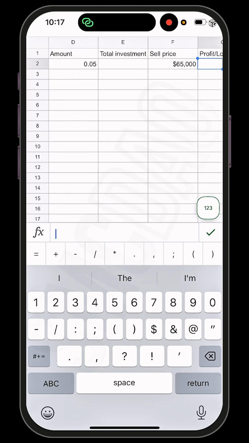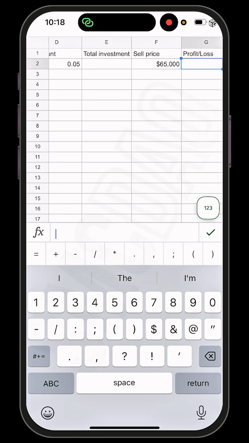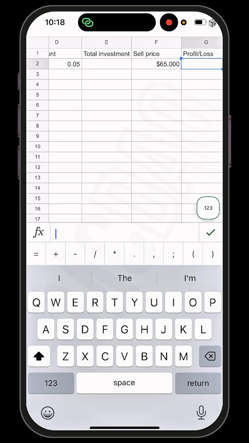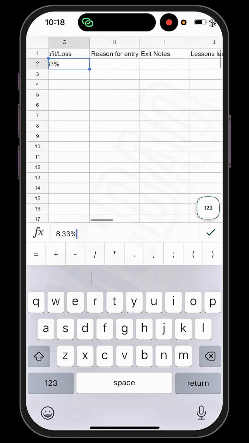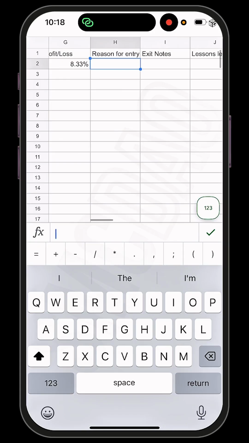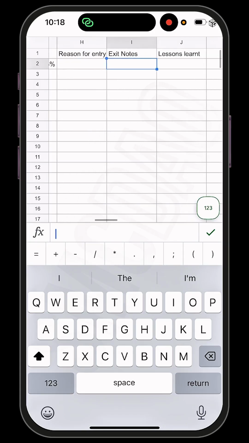It's going to give you your profit, and the expected profit here, if you input it manually or automatically, will give you about 8.33 percent profit. Now the reason for your entry is your personal note, the exit note is your personal note, and the lessons you've learned.